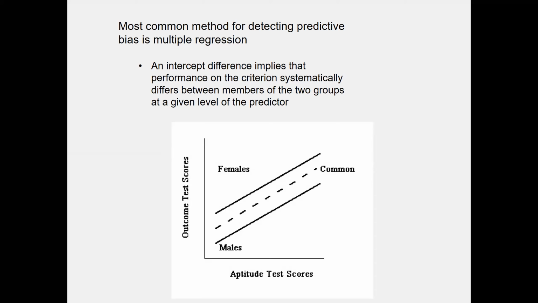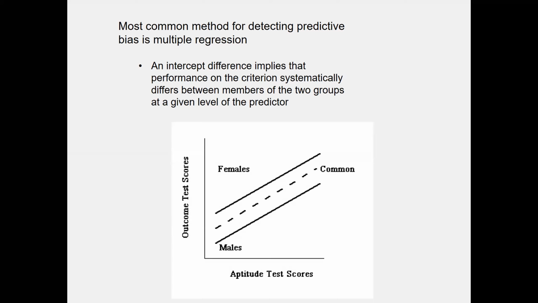And let's say that the aptitude is SAT and the outcome is freshman GPA. So what we see is that these two lines of best fit to the data that relate aptitude to outcome are parallel. If you don't disaggregate them, the slashed line is their common equation.